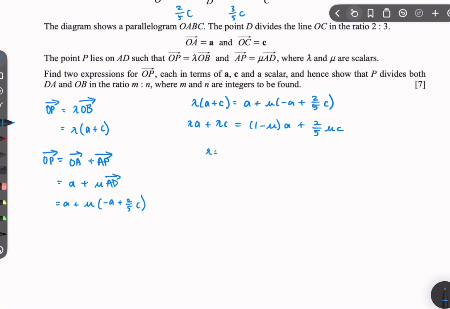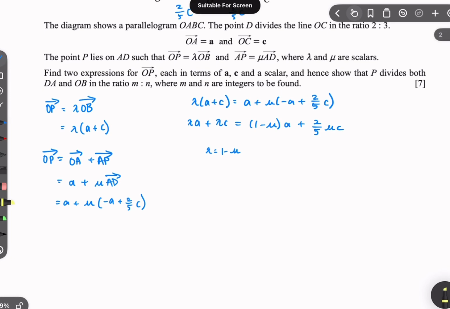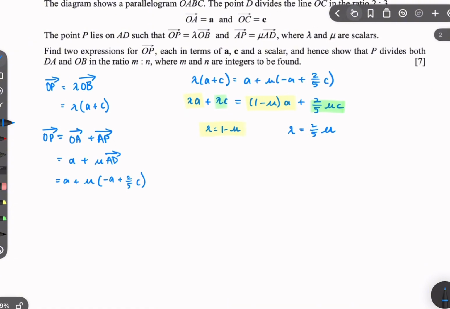Okay, now we can equate the A terms and the C terms. So I'll be equating this and this to form this equation. I just cancel out the A, and then I can also equate this and this. That will form another equation. And because both of these are equal to lambda, I can just equate them.